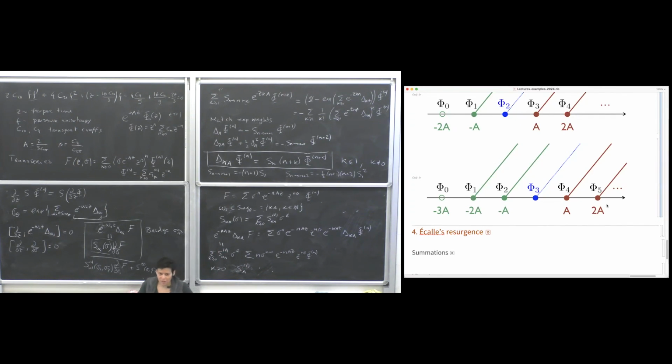Just equate everything, and the only thing you're going to have left is actually one single Stokes constant for K positive. For K negative, you don't. You get Stokes constants all throughout. But for K positive, you have a single one, which is what I wrote there. So when I wrote there that delta ka phi n is S_k n plus K phi n plus K, that's exactly what you're going to find from this point of view.